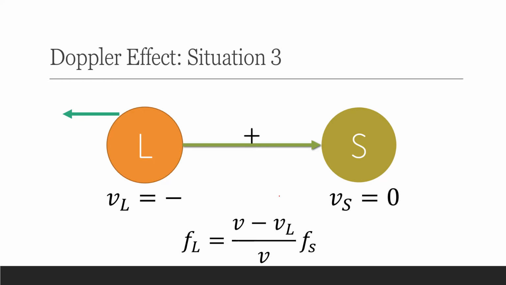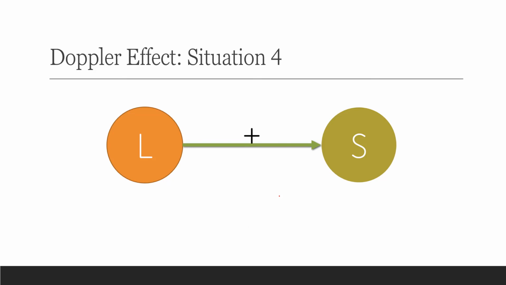So the frequency heard is FL equals (V − VL) over V times FS. Take note, when L is moving away, then VL is negative.